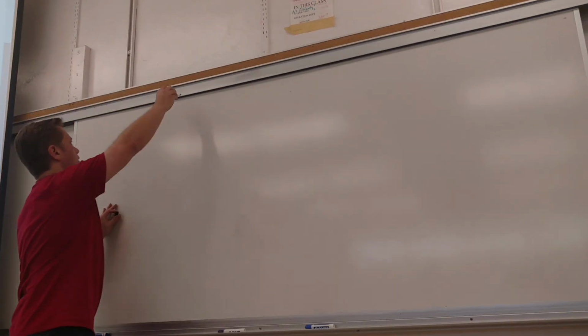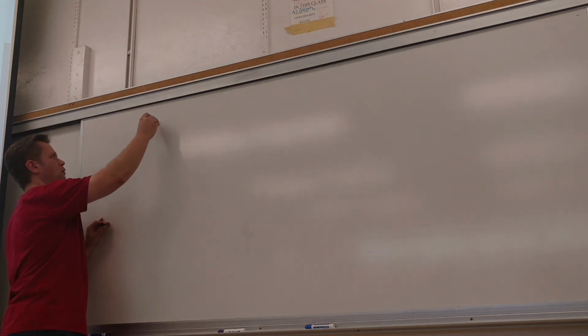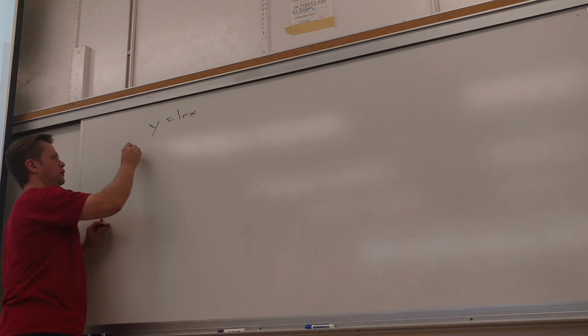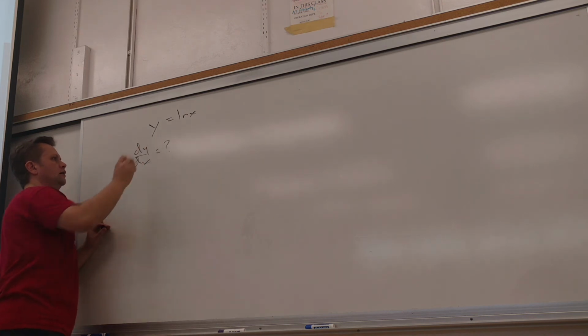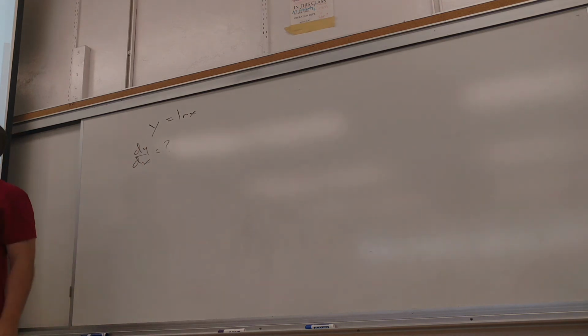So how am I going to do that? Here I have y equals ln x, and I want to know what dy/dx is. And let's say I don't know. Even if you know, we officially do not know, according to where we are in the book.